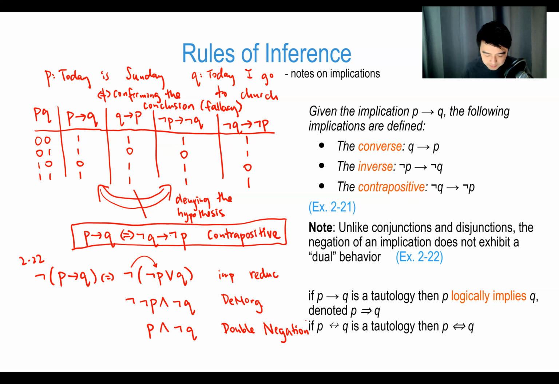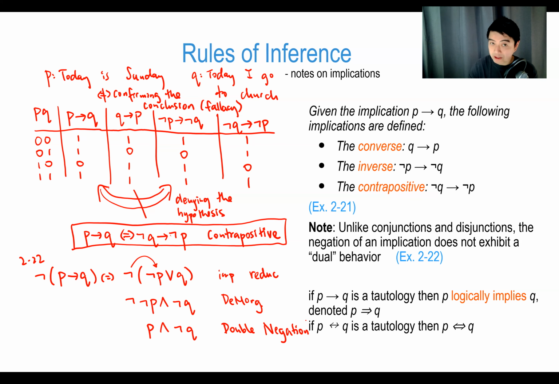Now, how do we read this? If you want to say that it's not true that if today is Sunday, then today you go to church, then really what you're saying is today is Sunday and today you didn't go to church. That is the outcome of this statement. That does make sense, because if I claim that every Sunday I'm at church and you say no, today is Sunday and you're not at church, then that is a false statement right away.